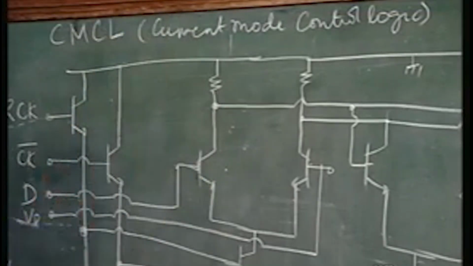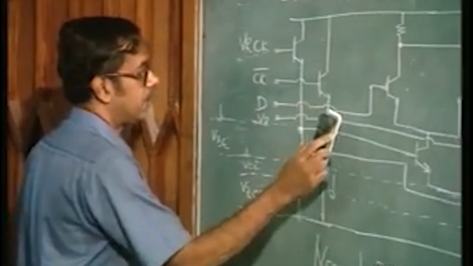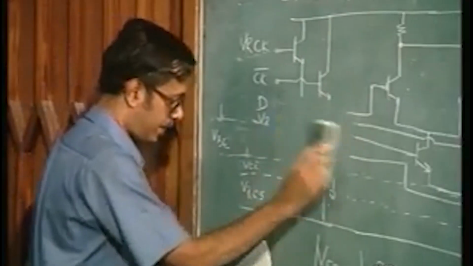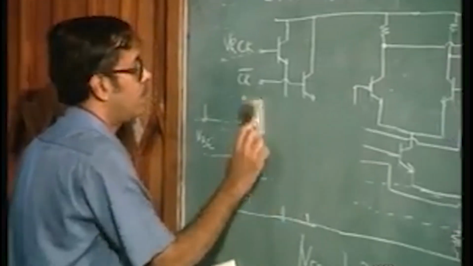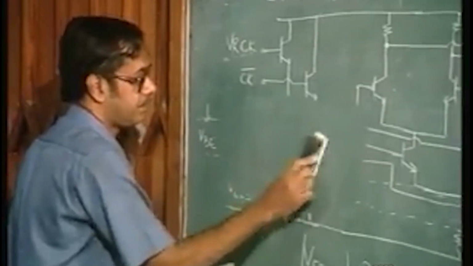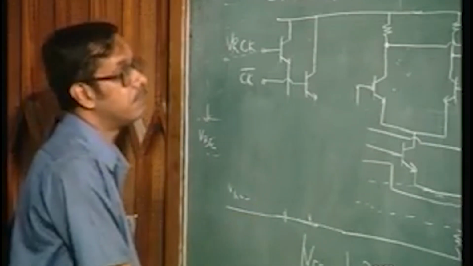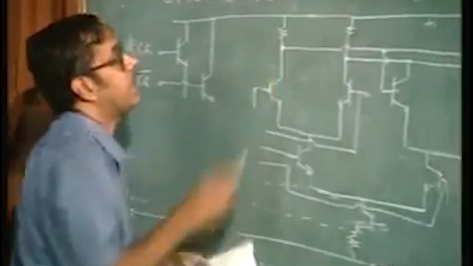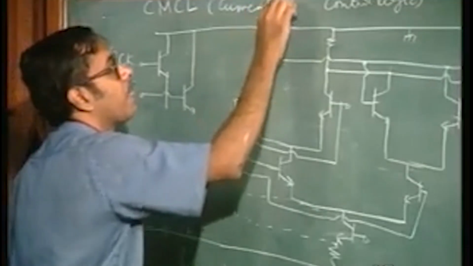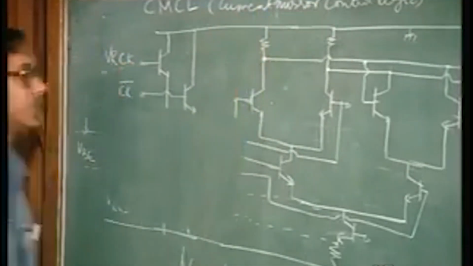Now we shall see what the modifications are here. In this circuit, it looks slightly different. What we have here is a current, sorry, I made a mistake, this is current mirror control logic.